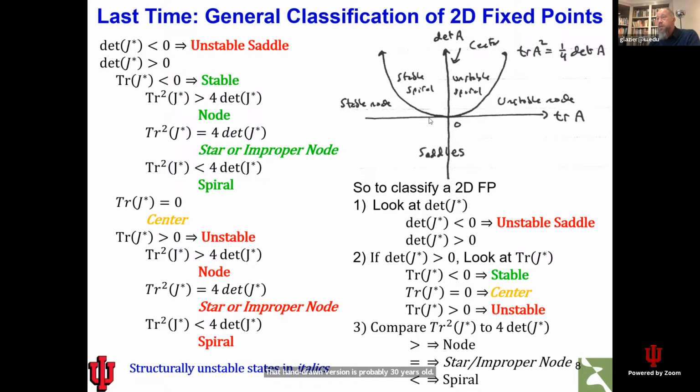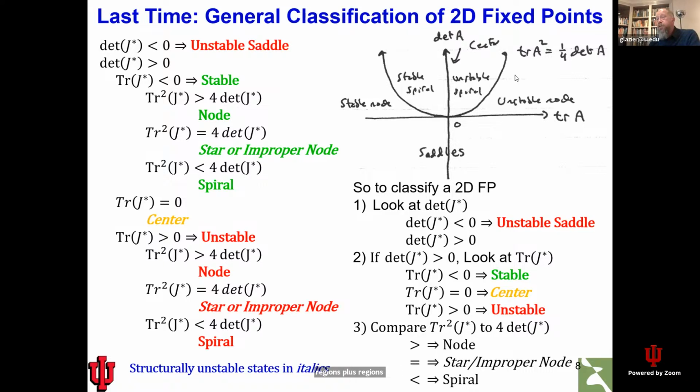Here's the trace on the x-axis, the determinant of the Jacobian matrix on the y-axis. If the determinant is negative, it's all unstable, it's all saddle. If the determinant is greater than 0, I'm up on the top, I have 1, 2, 3, 4 regions plus the boundary lines between them.